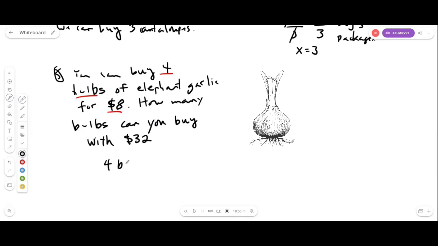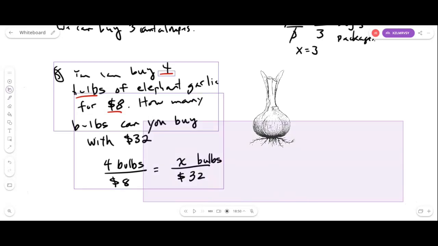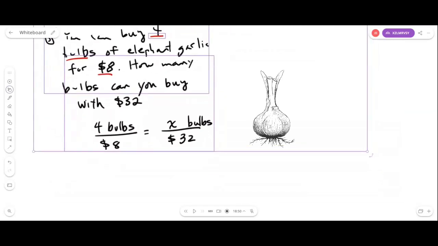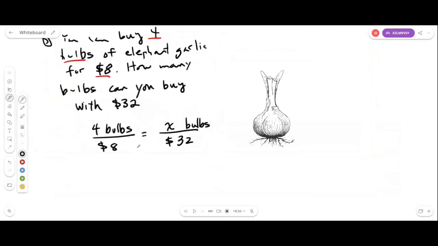4 bulbs is $8. So I have to write bulbs over dollars for my second ratio. It's asking how many bulbs, so this is X, can you buy for $32? So cross multiply, 8 times X is 8X.